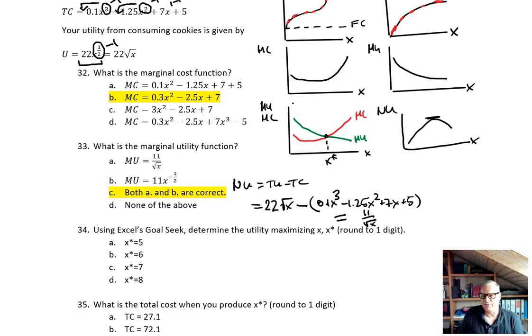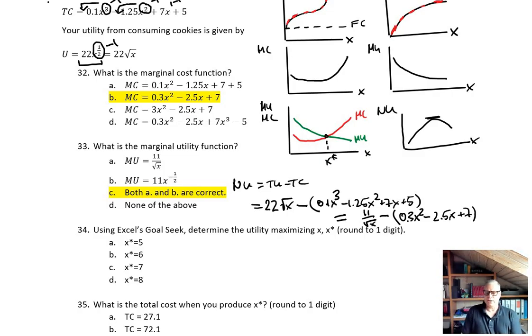So if we take the first derivative, this part is 11 over the square root of x, and then we have the marginal cost, which is the second part, and we said this is equal to, let's put brackets again, 0.3x squared minus 2.5x plus 7.